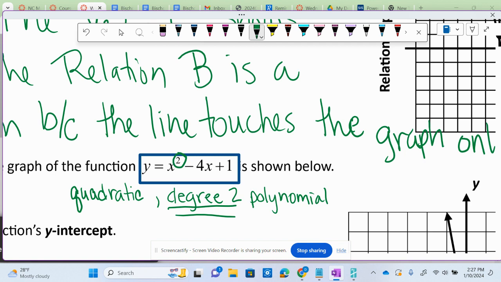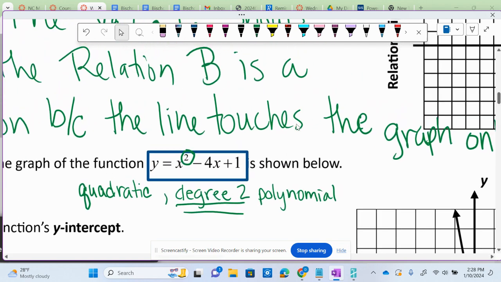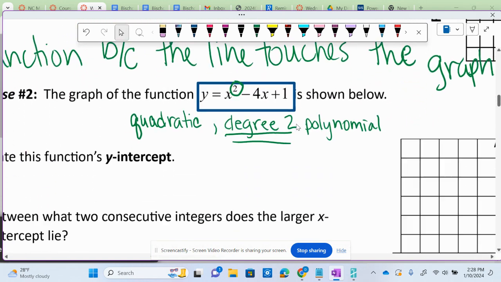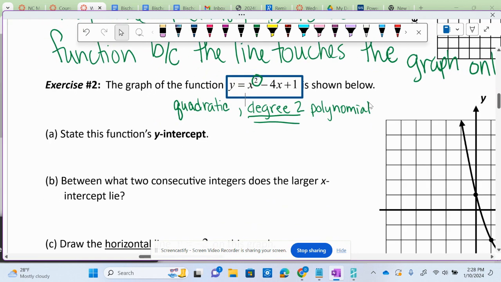If there was a 3 there, that would be a degree 3, and it would be called a cubic. If there was a 4 there, that would be degree 4, and it would be called a quartic. Those are things that you're going to do in math 3. You're not doing that in math 2, but I just want you to know where that came from. So this is a degree 2 polynomial, and we call degree 2 polynomials quadratics.